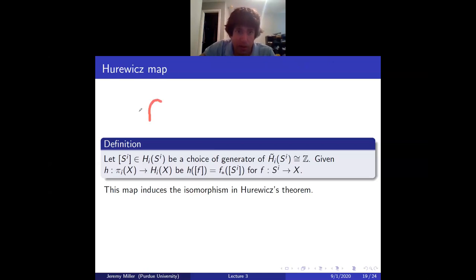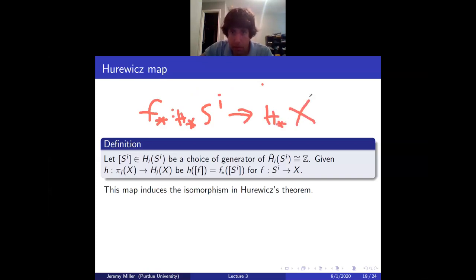So maybe I'll just say, f star is a map from the homology of S^i to the homology of X, and just plug in your favorite generator of the ith homology of S^i, and then apply the induced map on homology.